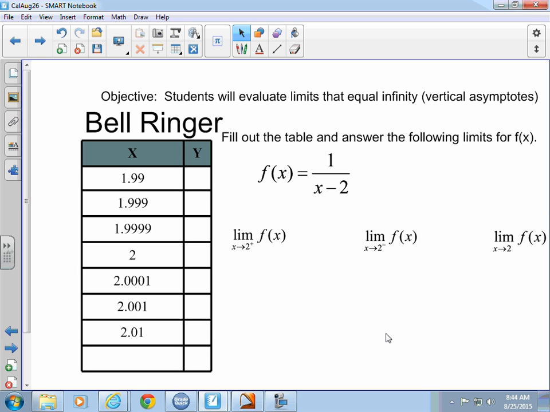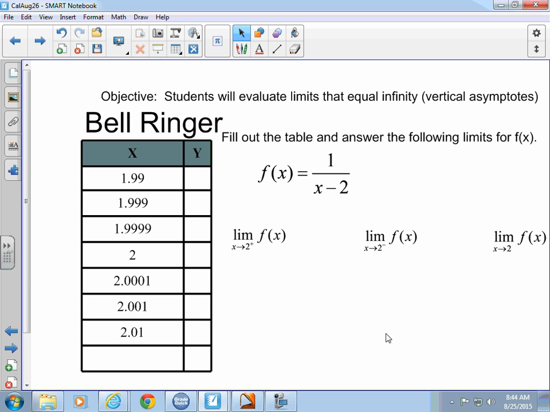When the denominator equals 0, but you don't have a hole. What would make a hole? The numerator and the denominator both equaling 0. So the numerator and the denominator cancel out, which makes a hole.